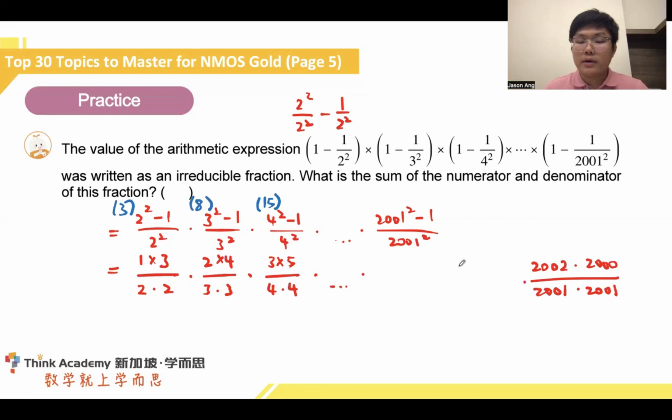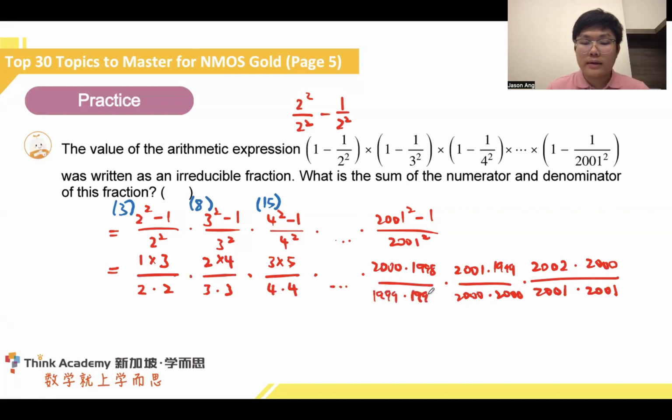Going one pattern back, we get 2001 times 1999 over 2000 times 2000. And the term before that, 2000 times 1998 over 1999 times 1999. I'm only bringing a few more patterns over here, so it's easier for us to observe what I am trying to do.